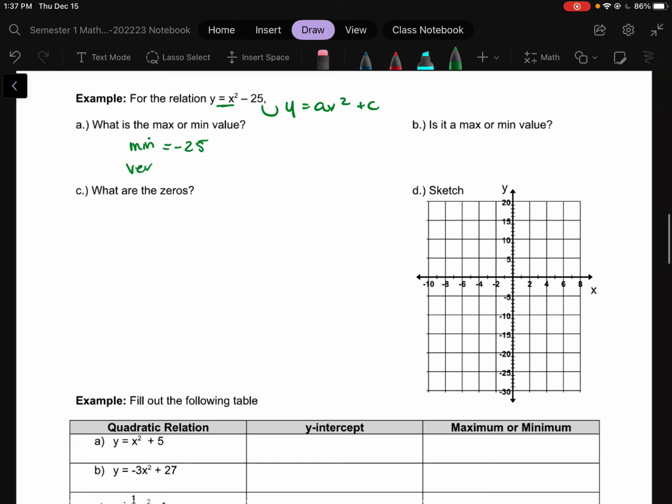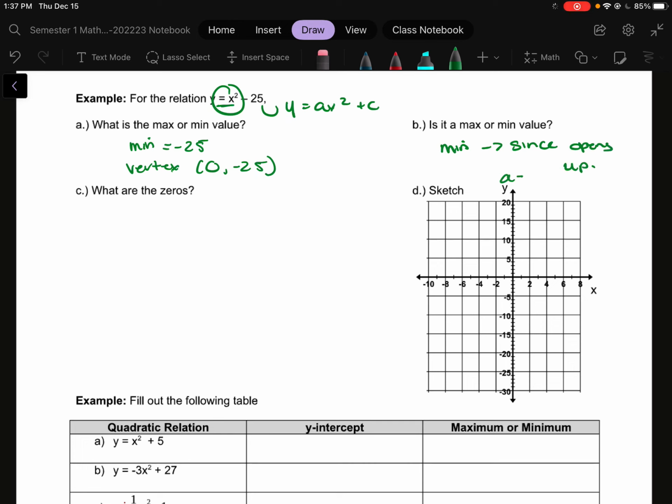And then the vertex is going to be (0, -25). Then it asks what is the max or min. Because it is opening up and we have our positive here, that means it's going to be a min value since it opens up.